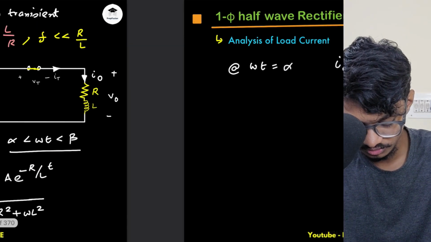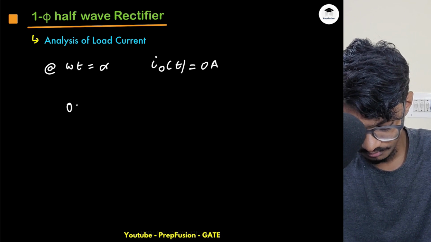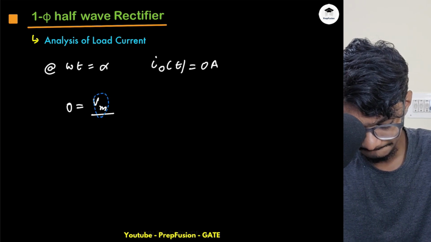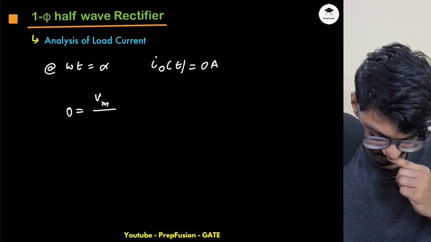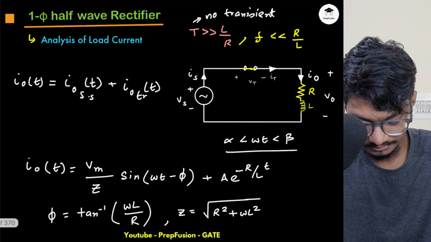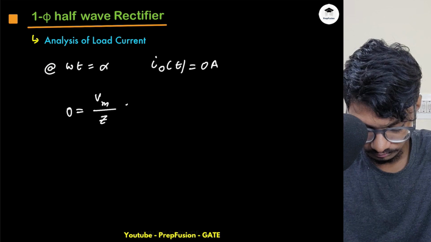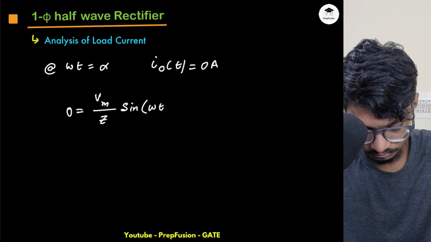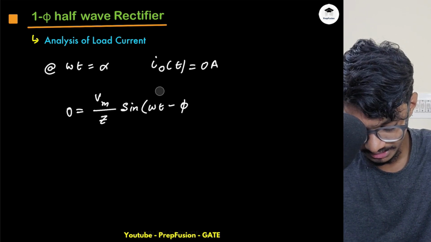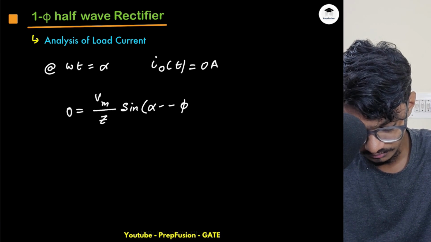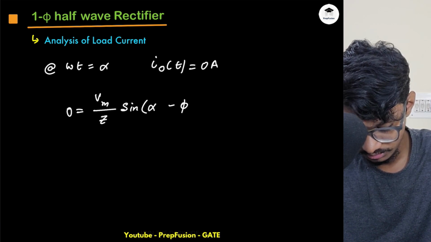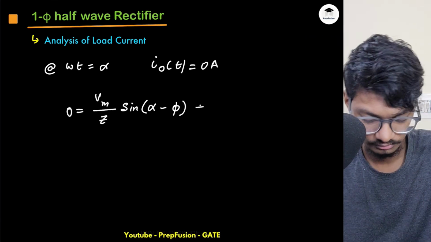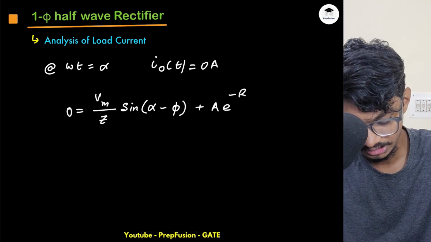So 0 will be equal to Vm by Z sine of (omega t minus phi), where omega t is alpha, so alpha minus phi, plus A e raised to power minus R by L times t.